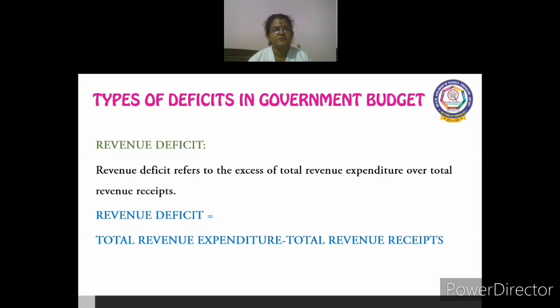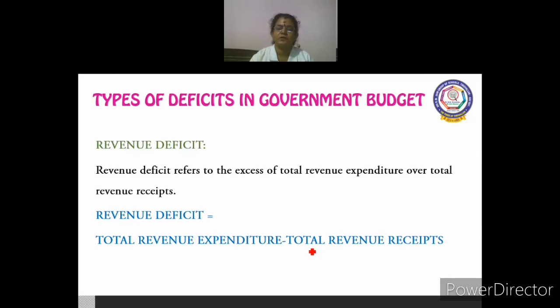So let us first discuss revenue deficit. Revenue deficit refers to the excess of total revenue expenditure over total revenue receipts. So the formula is revenue deficit is equal to total revenue expenditure minus total revenue receipts.